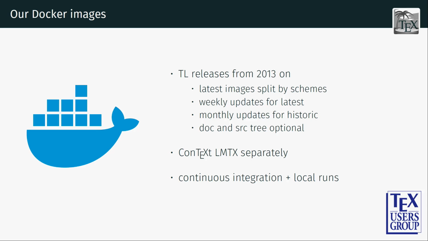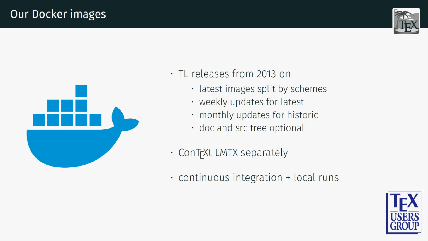We also provide a split for the latest images, so you can access all schemes that TeX Live provides. You can download the image for scheme minimal up to scheme full. We do not provide that split for the historic images, but we'll come to that later on.